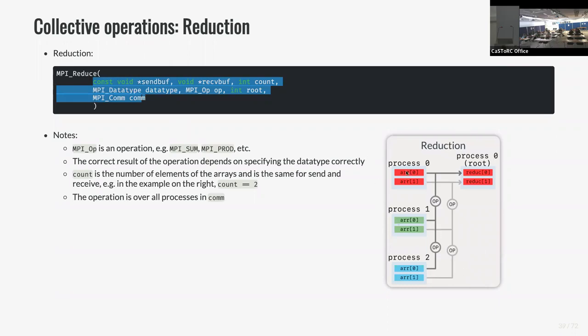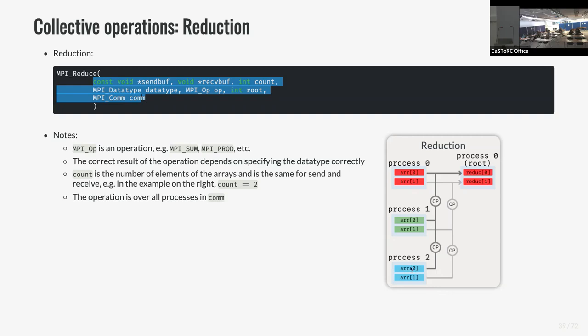In this case, you have three processes: process 0, process 1, process 2, and each process has two elements of an array, right? So array 0, 1 on process 0, array 0, 1 on the others, of course, these can have different values, but they have the same name. And what you want to do is do some operation element-wise.